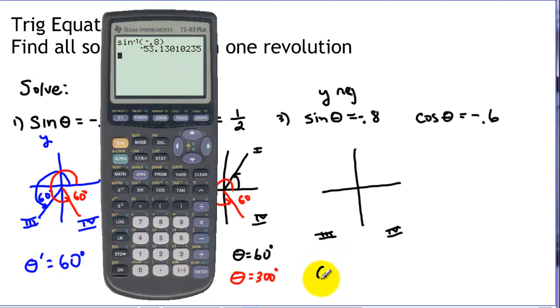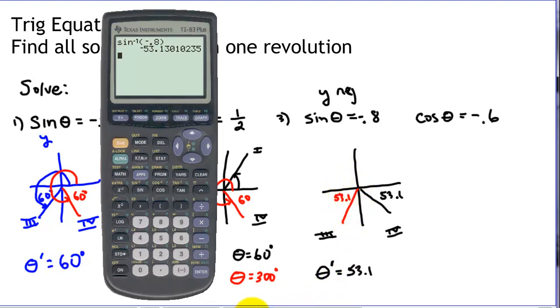So that's going to be my reference angle, and I'm just going to make it positive, so 53.1. So I need a quadrant 4 answer, which would be the negative 53.1, but we don't want our answers as negative. And I need a quadrant 3 answer, also with 53.1.